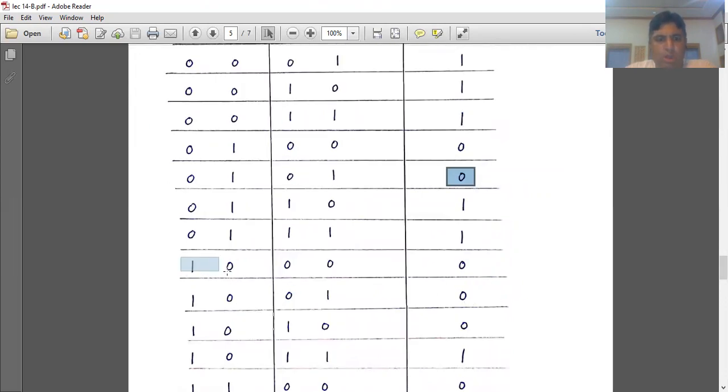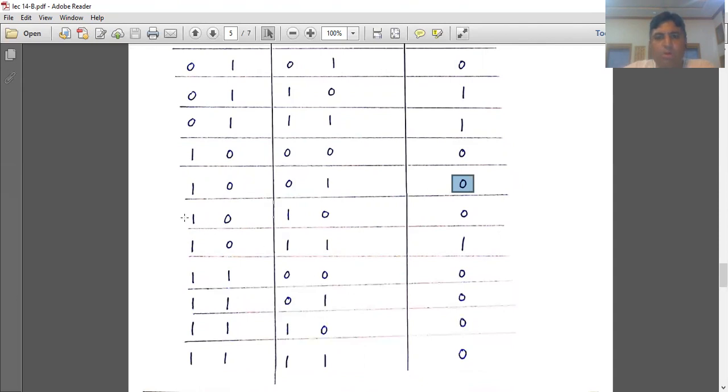And in the other cases, here A is 2 and B is 0, so A is greater than B, output is 0. Here A is 2, B is 1, so A is greater than B, so X is 0. Here A is 2, B is 2, so A is equal to B, so X is equal to 0. Here A is 3, B is 0, A is greater than B, so X is 0.